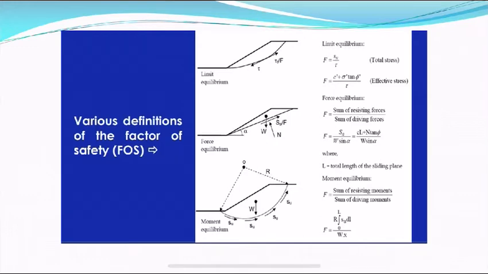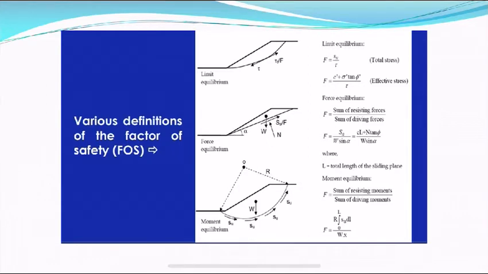Then we say S_u1 into DL1, S_u2 into DL2, S_u3 into DL3 plus S_u4 into DL4, into the radius of rotation R. This is the force acting over this particular length.